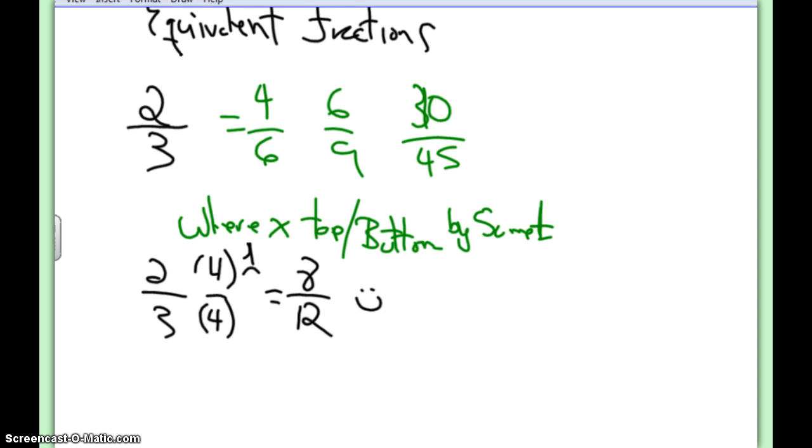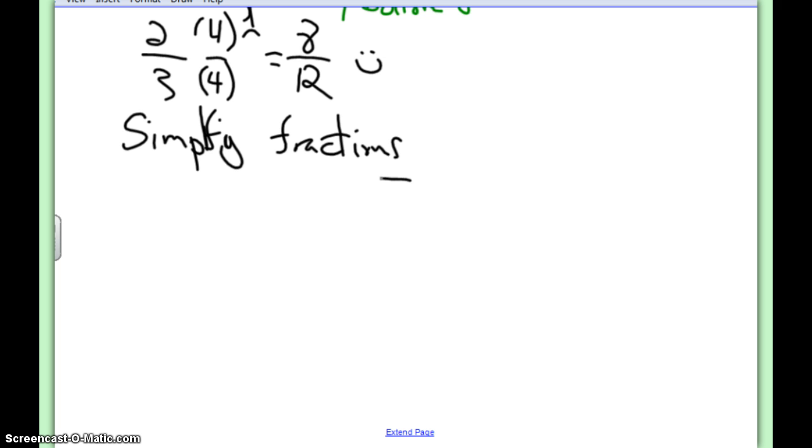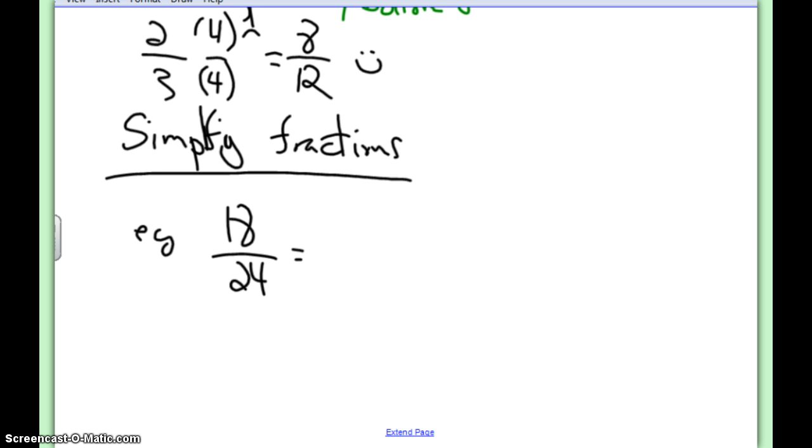All right, next thing is, how do we simplify fractions? If we just have a single fraction, how do we simplify it? For example, you have 18/24. I'm assuming that most of you would go, I know that I can divide top and bottom, and you would do that intuitively.